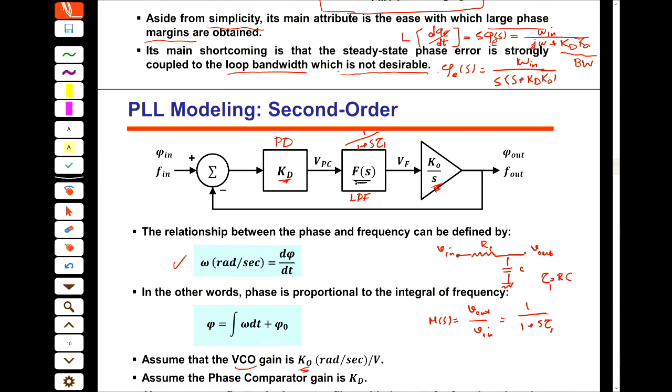This is first order, but why is this second order? Because VCO also has one pole. So a first order filter leads to a second order system because the VCO is like this. It has one pole.